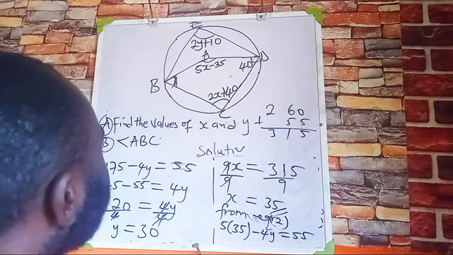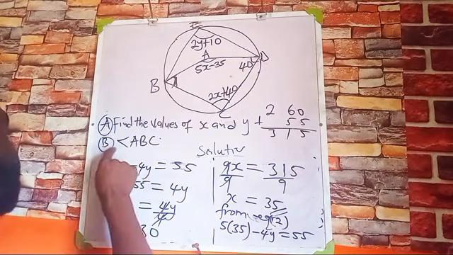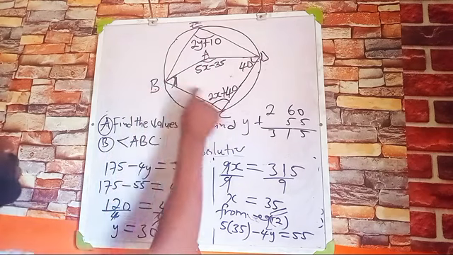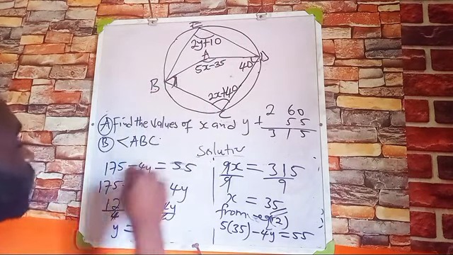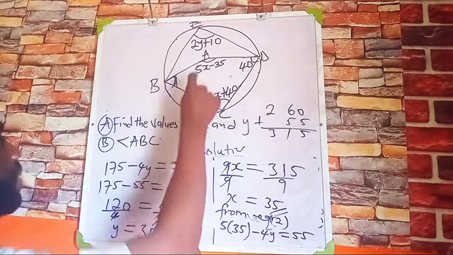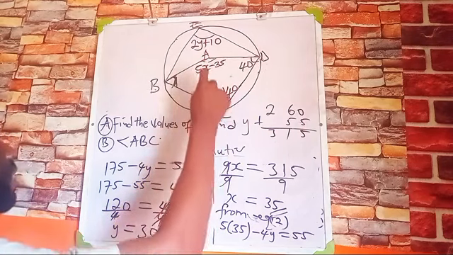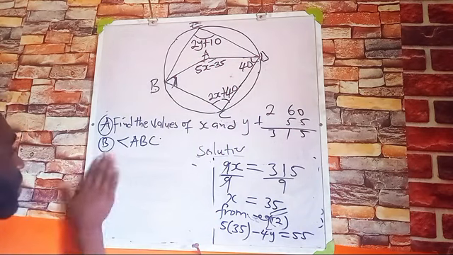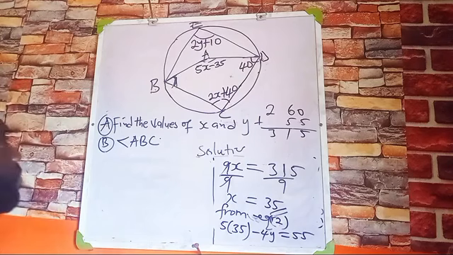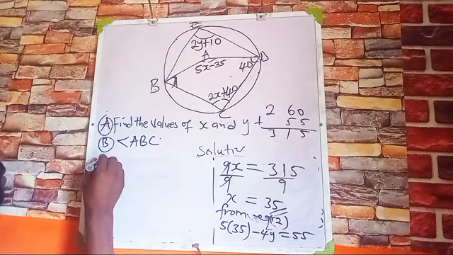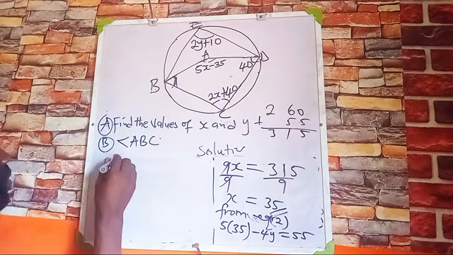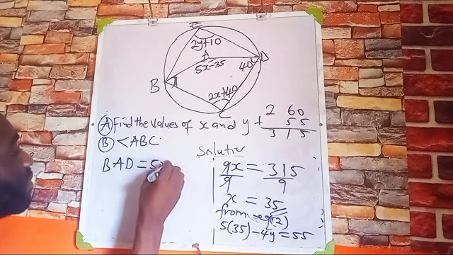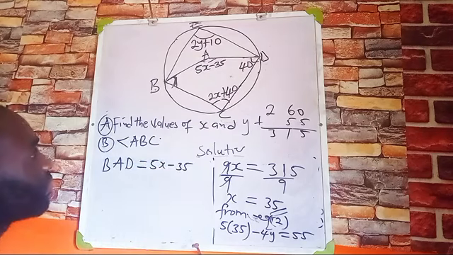So for us to find the second question, which is angle ABC, this angle here, we will now substitute the values of x and y here and here for us to find this angle and this one. So let's do that. Angle BAD is equal to 5x minus 35.